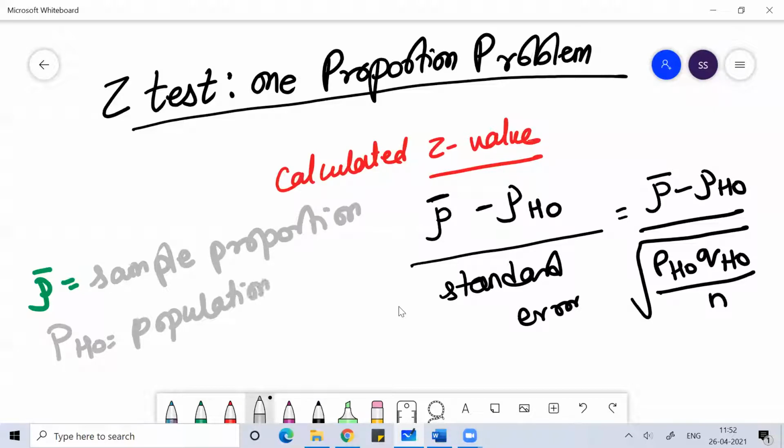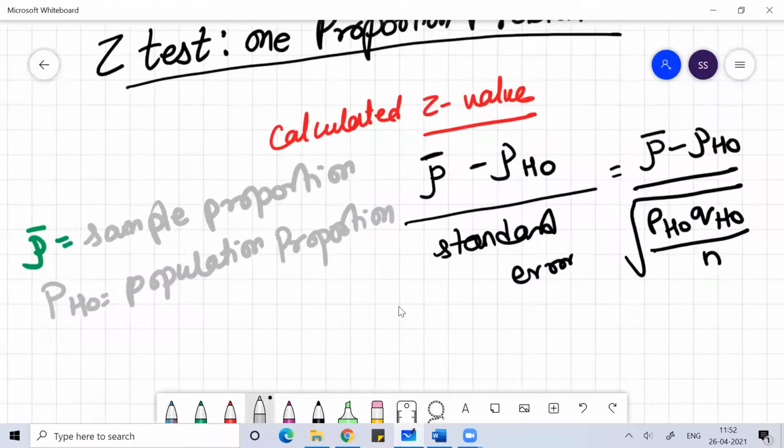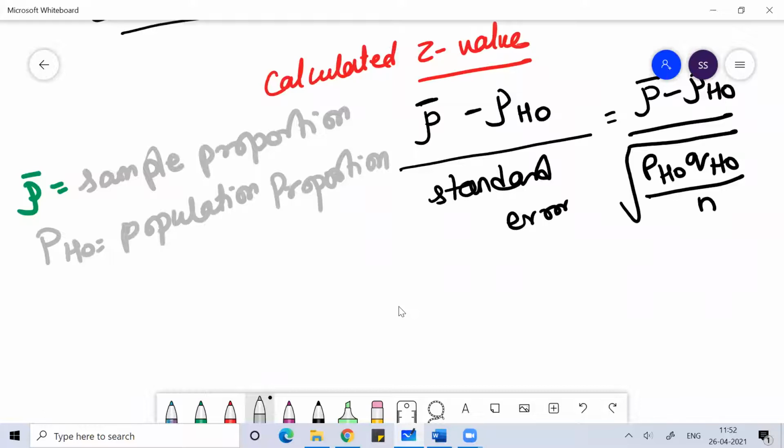In the problem, a value of proportion will be given to us. So this is the population proportion. I hope you understood. So what is Q H naught? Q H naught will be nothing but 1 minus P H naught, where P H naught is the population proportion.